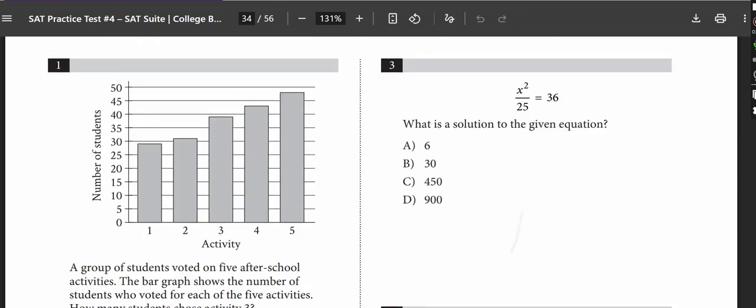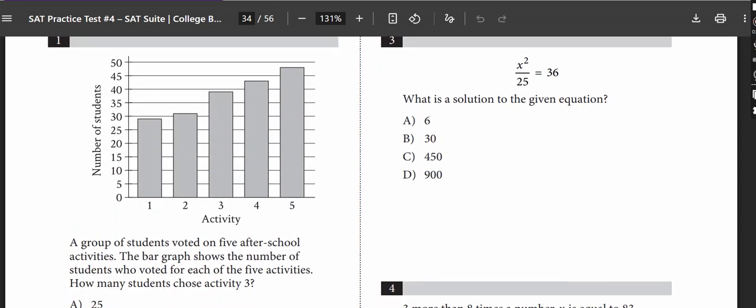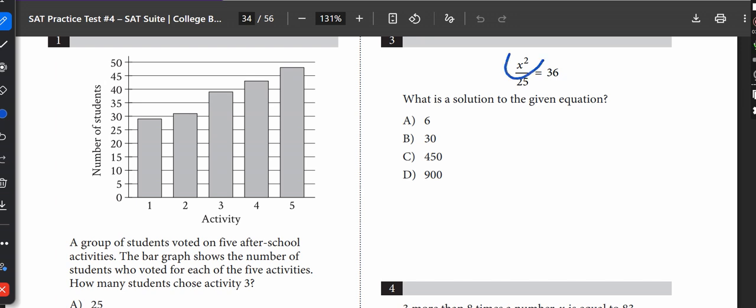Now we will do question number 3. It is x squared divided by 25 is equal to 36. We know that the square will cancel the square root, right? So we will take the square root on both sides. x squared divided by 5.